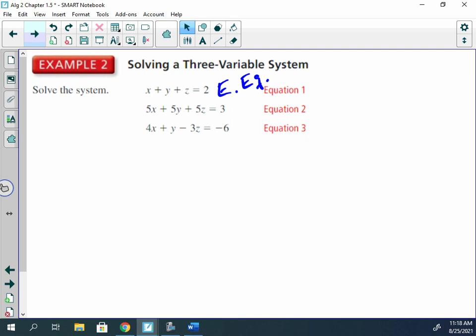Well, what variable do we want to eliminate? x, y, or z? Anybody have a preference? Because I know which one I'd pick, but what do you guys want to do?